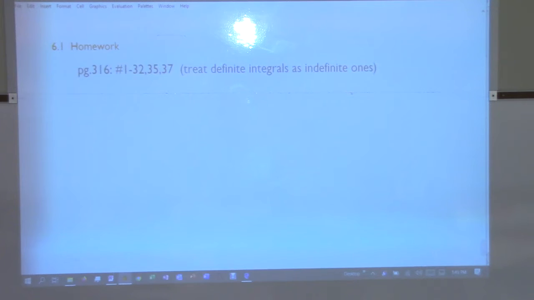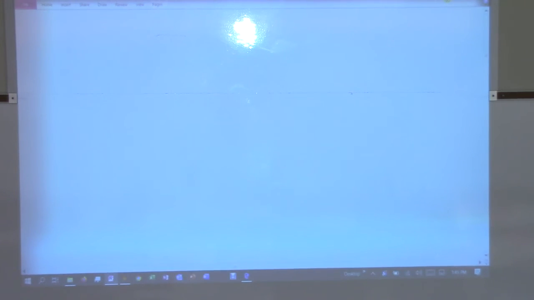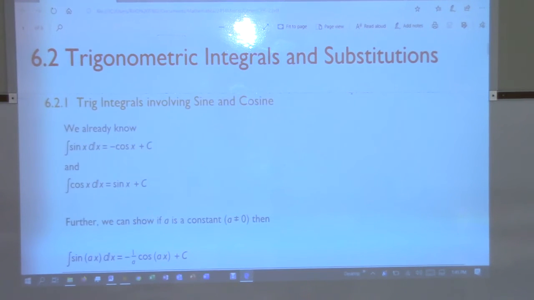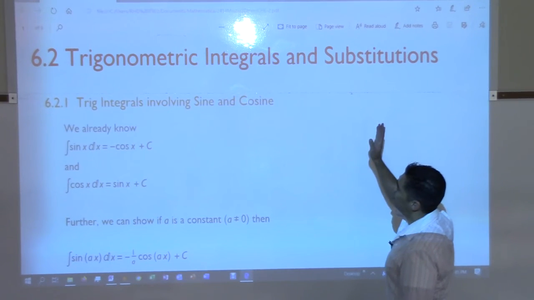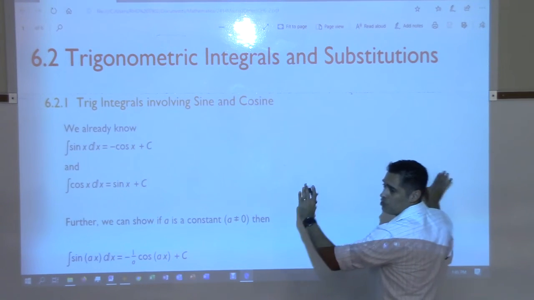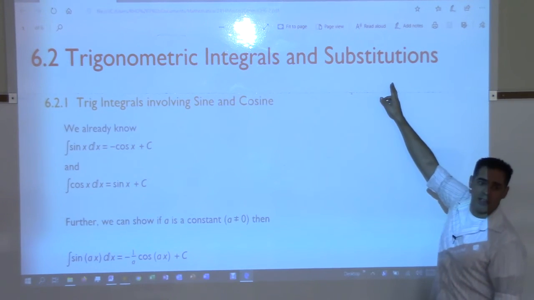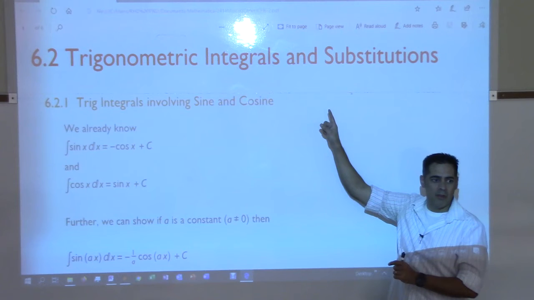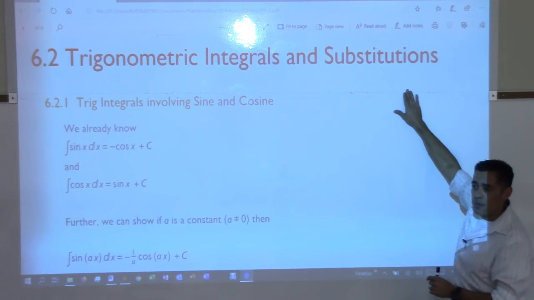So we are going to be doing two separate topics, trig integrals and trig substitutions. Today is just trig integrals. You cannot do trig substitution unless you have become proficient with trig integrals, right? So you have to be good at trig integrals to have any hope of doing this, all right?